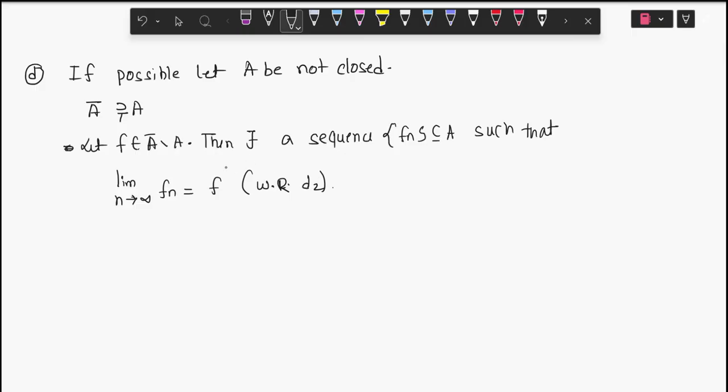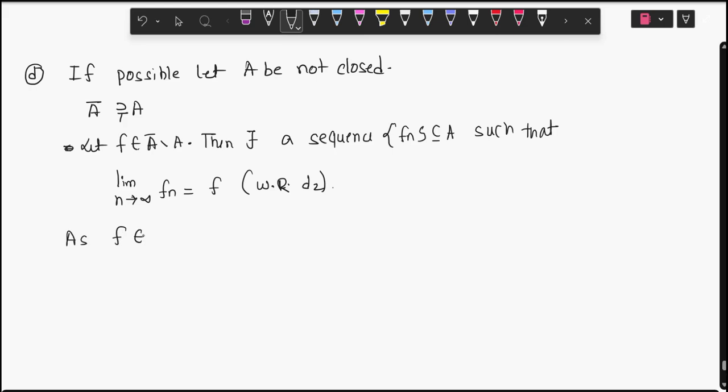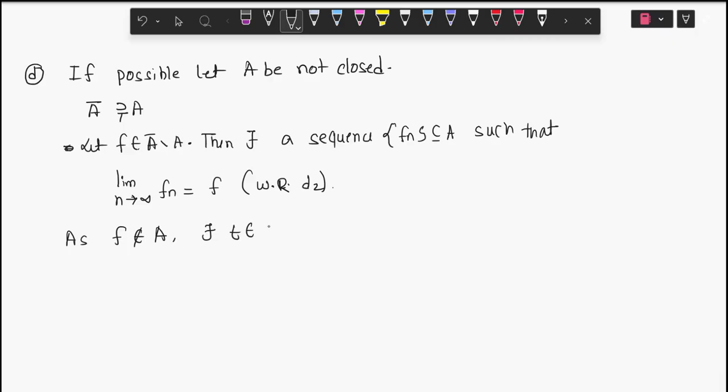Now as f does not belong to A, without loss of generality I can assume there exists t belongs to minus 1, 1 such that f of t is strictly greater than 1.